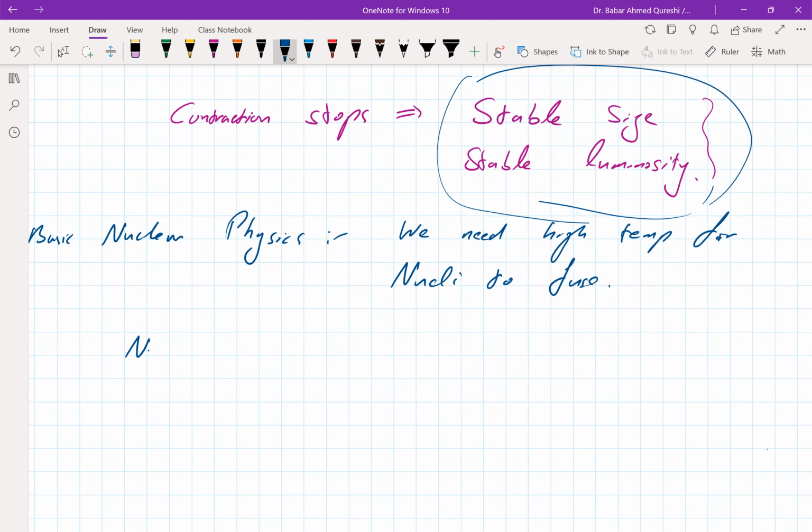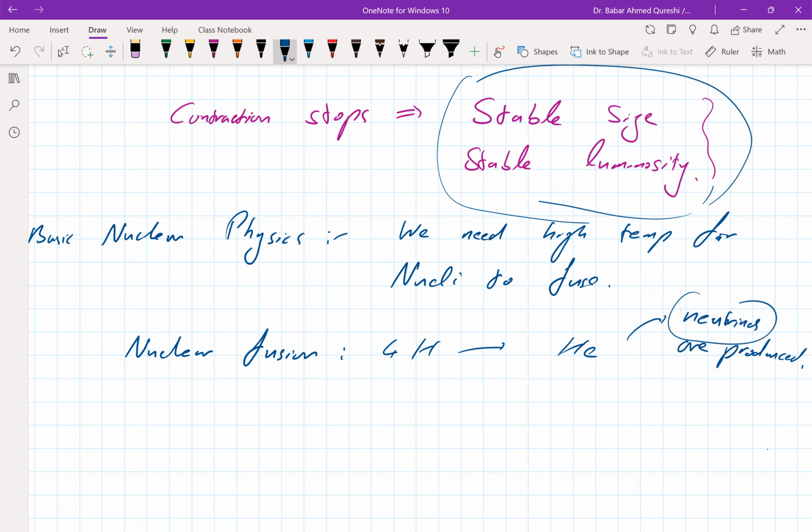Nuclear fusion, the main thing we learned, is that you can combine various nuclei to make bigger nuclei. And in this process, typically, neutrinos are produced. We discussed what these are and their properties.